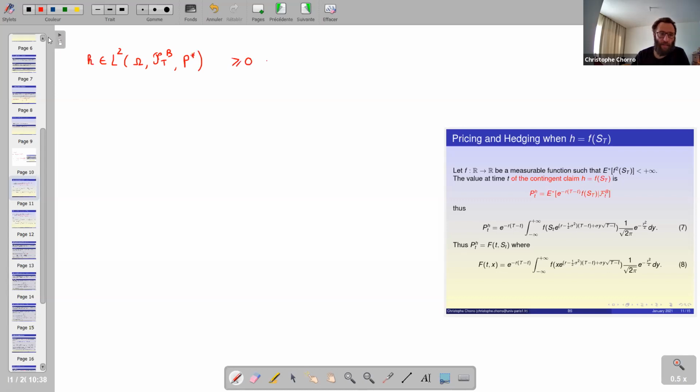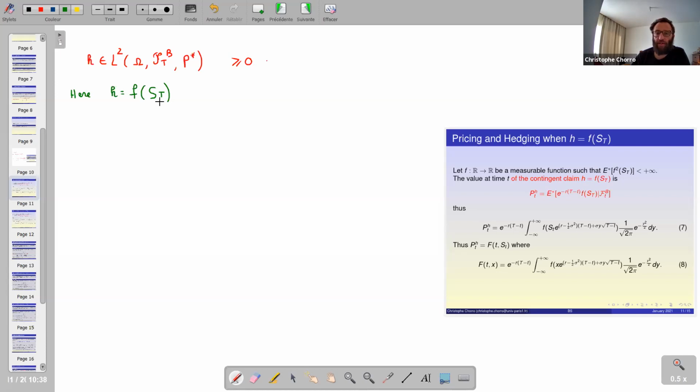In this part, we are going to consider a very particular form for H. I want it to be of the form a function of S capital T, so depending only on the final value of the risky asset.